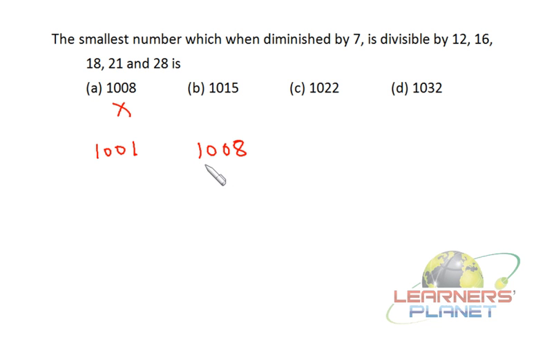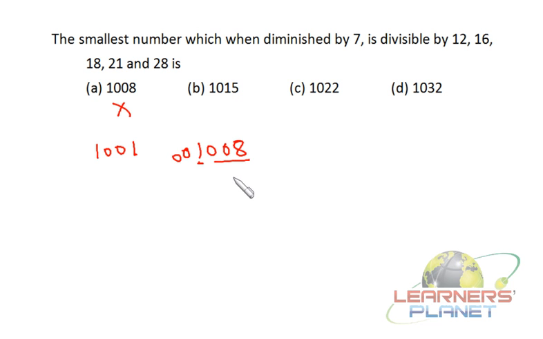So here it is divisible by 12. And let's check it for 7. If it is divisible by 7, it will be divisible by even 28 and 21, both of them. So what is the divisibility test of 7? Just make a set of 3 numbers and find the mutual difference. So it's 8 minus 1, 7. So 1008 is a multiple of 7.